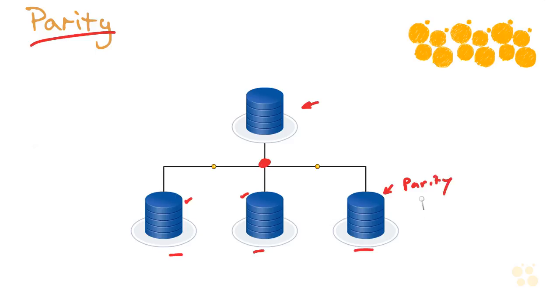That parity information can be used to reconstruct things in the event of a disk failure. So now we are getting into a situation where we have resiliency. We have this group of disks, and one of those disks can fail, and we may experience degradation in performance, but at least we have not lost information.